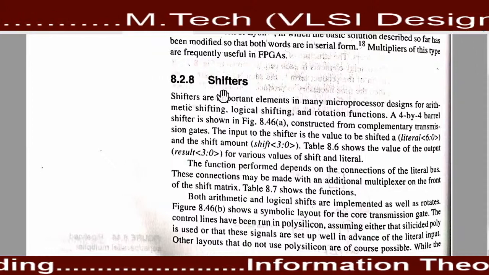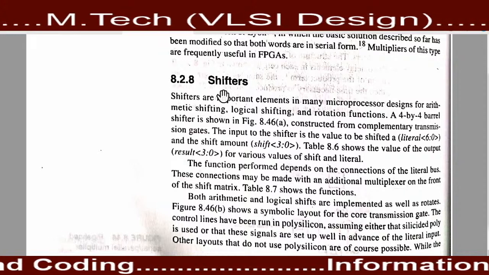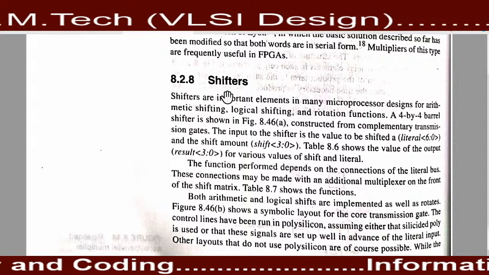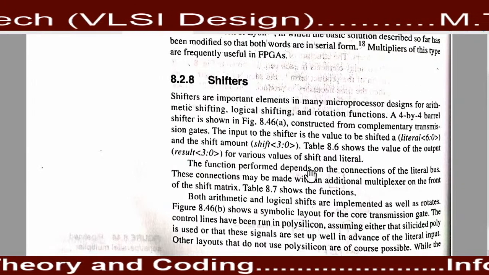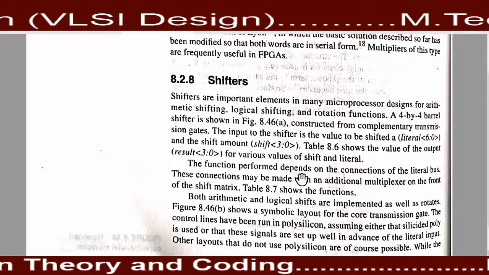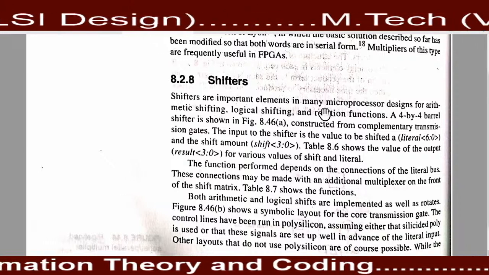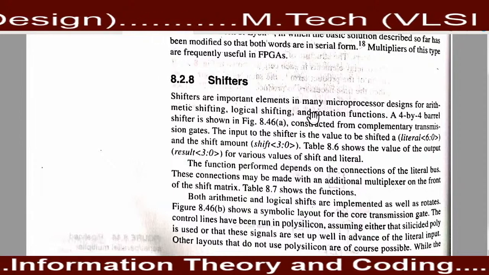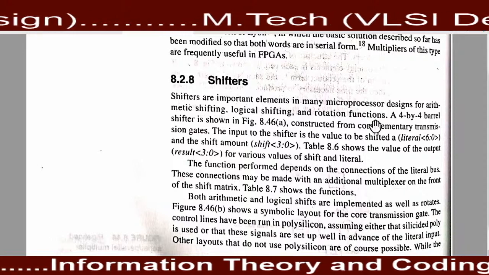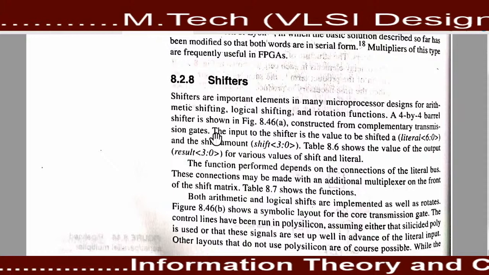If we want to shift the data with some logical operations, it is known as logical shifting or arithmetic shifting. And if we want to only shift the data, at that time it is known as a simple rotation operation. So there are two or three types of shifting: arithmetic shifting, logical shifting, or simple rotation.